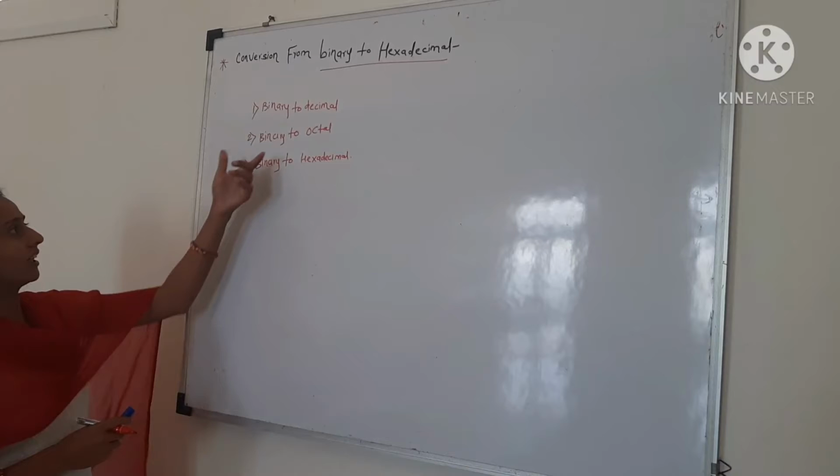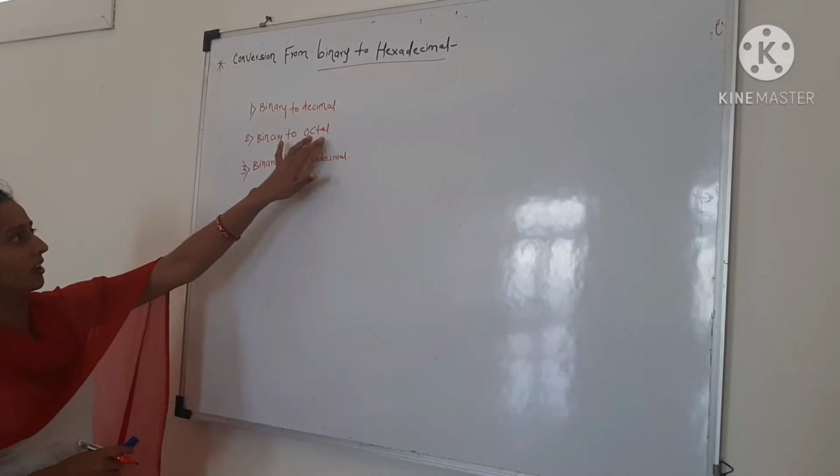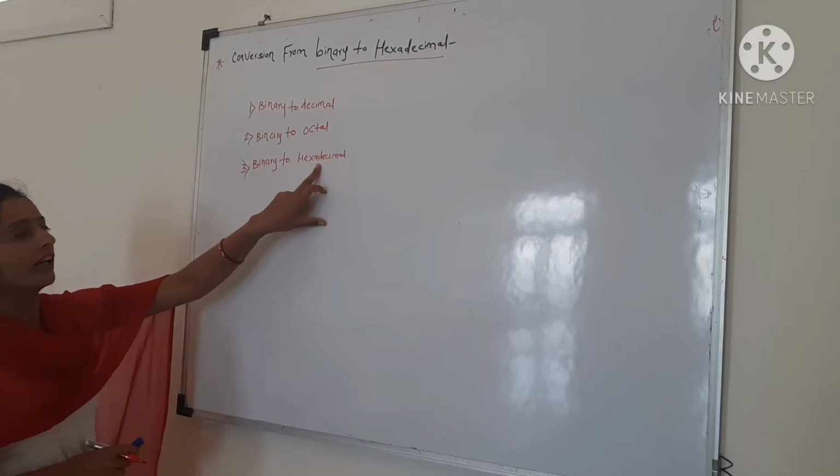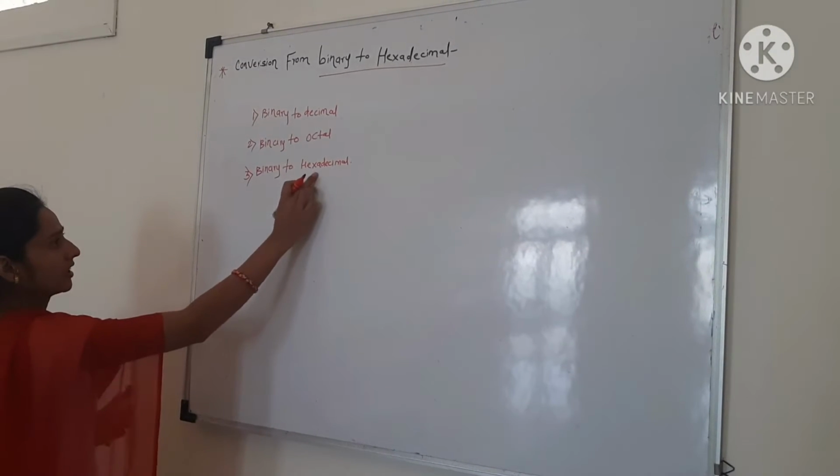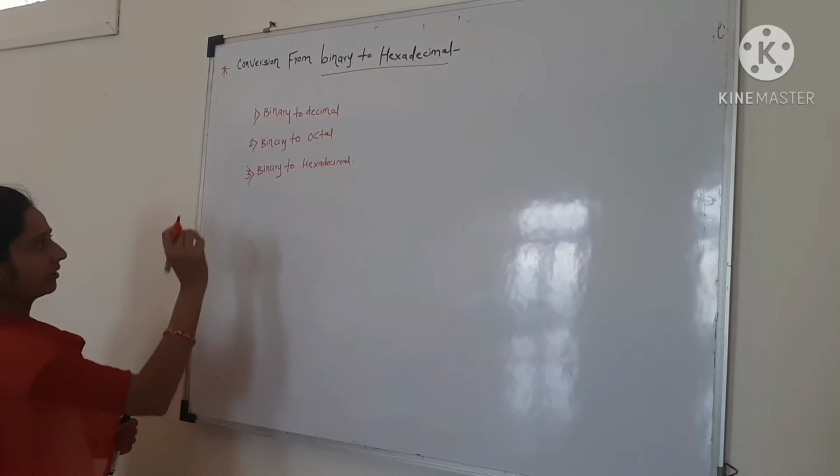So we have seen the conversion from binary to octal. The same method is applied for hexadecimal. Only one difference is there, that is the grouping of the binary number.